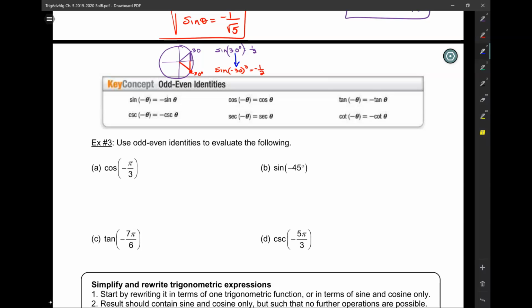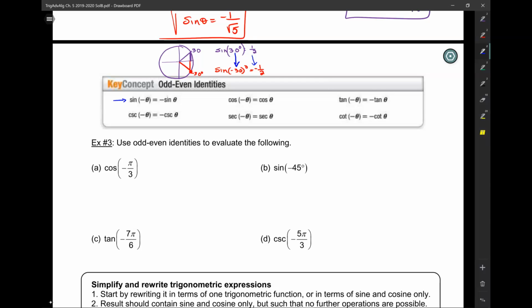And when I did that, the value of the sine became negative. So that's what this even and odd identities tells you. If you have sine of negative theta, it makes the entire value of the sine negative.